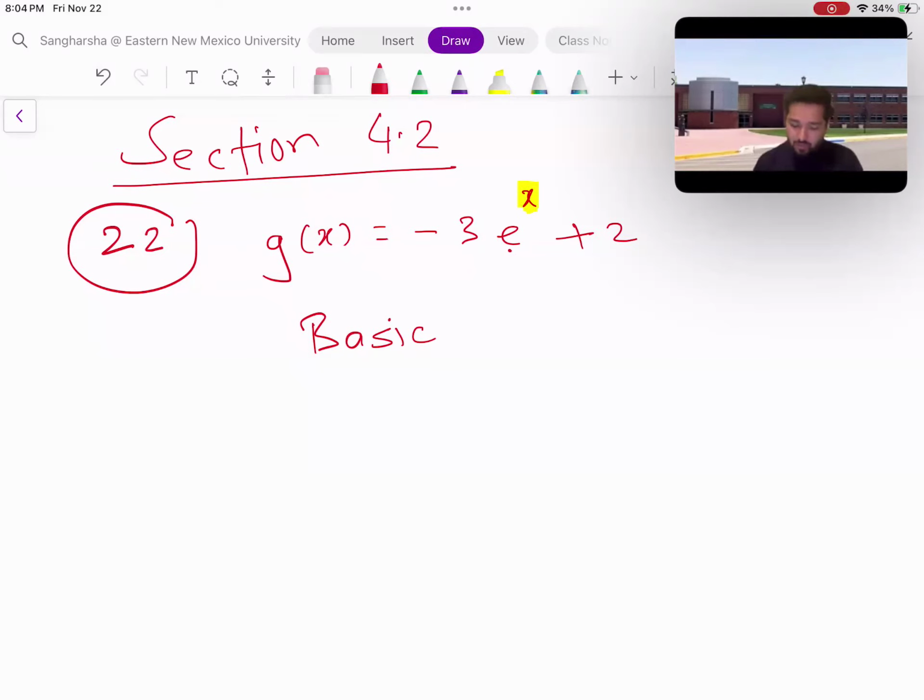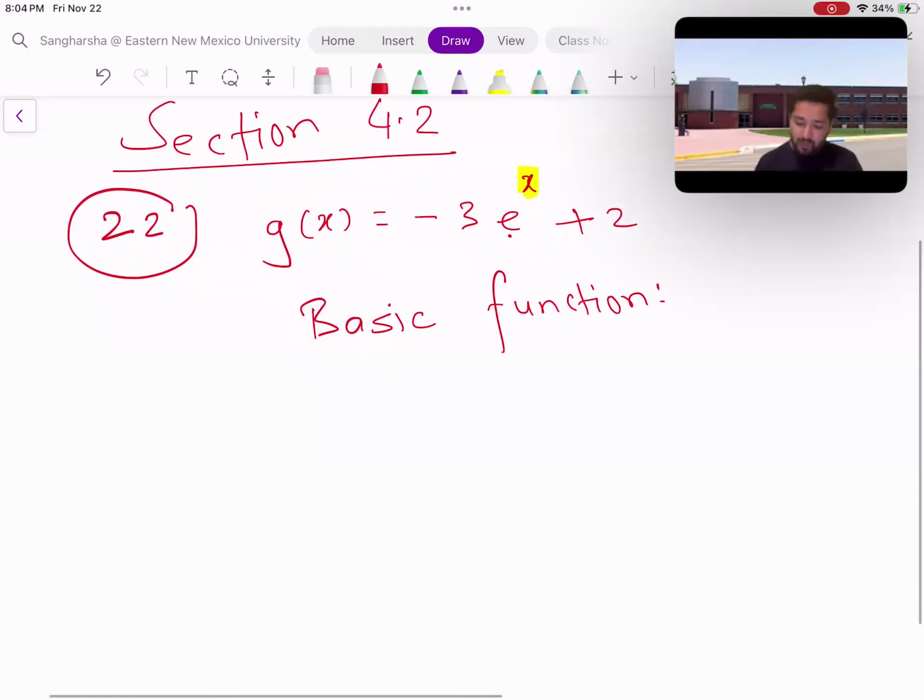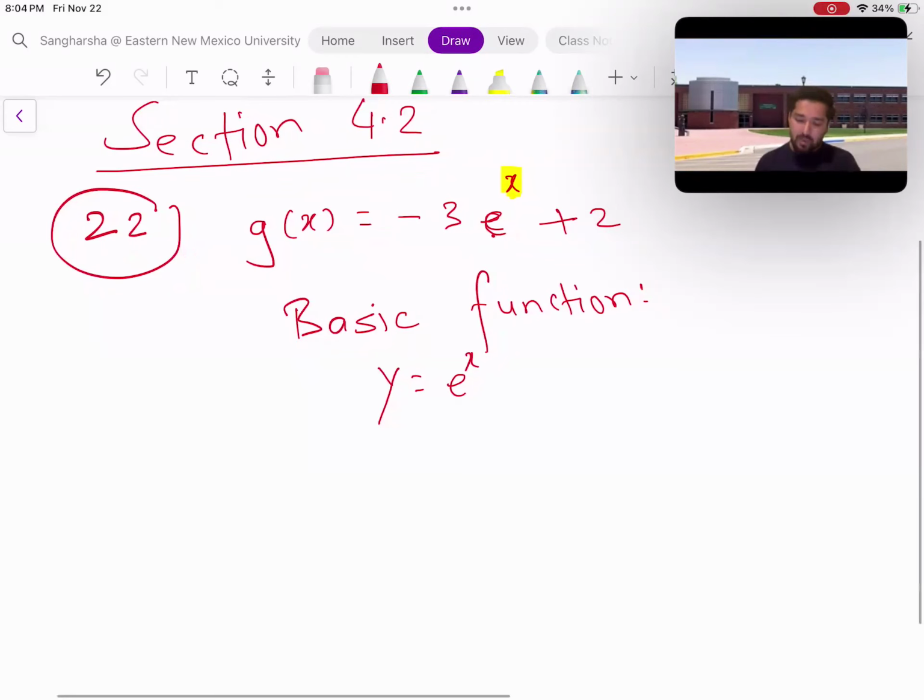In order to use the transformation, we need to know the basic function. So our basic function is y equals e to the power x, where the base remains the same.